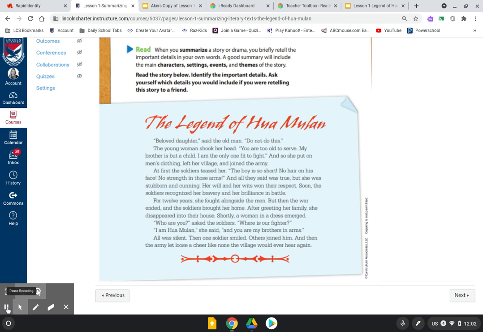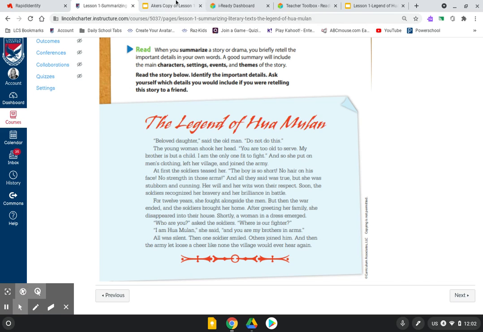So after reading through it, if you need to read through one more time, I want you to think about the theme or the message that you can take away from this short story. And think about how her appearance was one way, but people thought that only men should fight in the army. And then she proved herself to be strong and brave, just like they were.